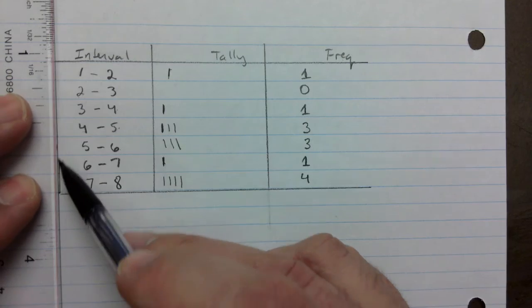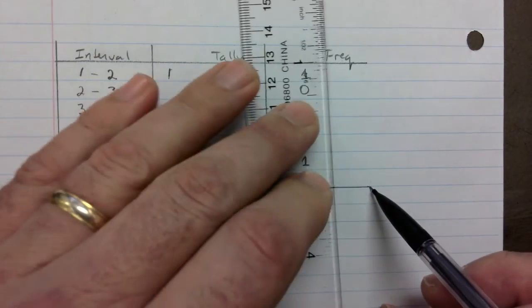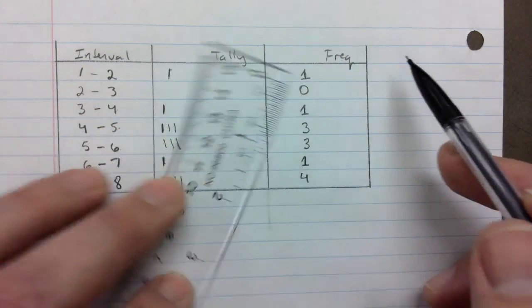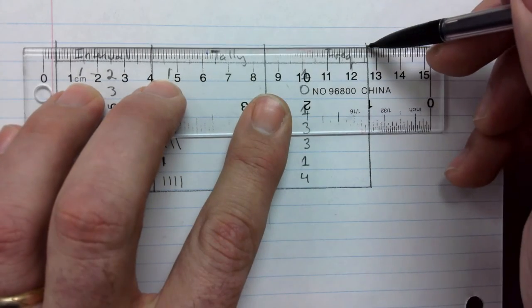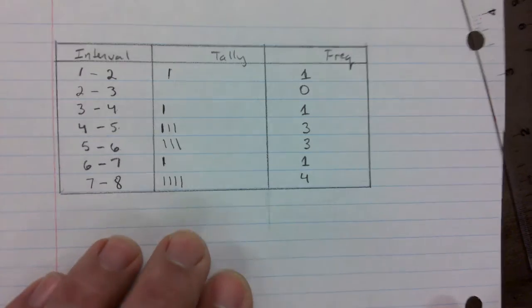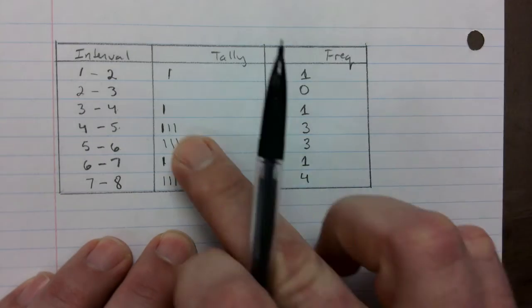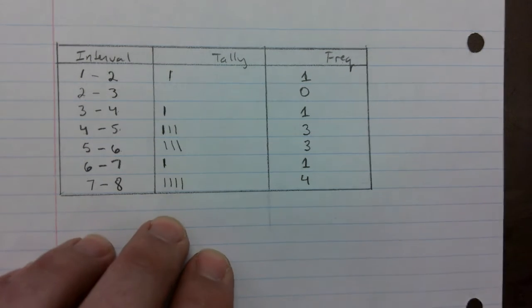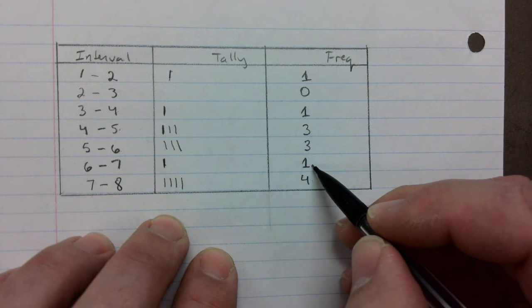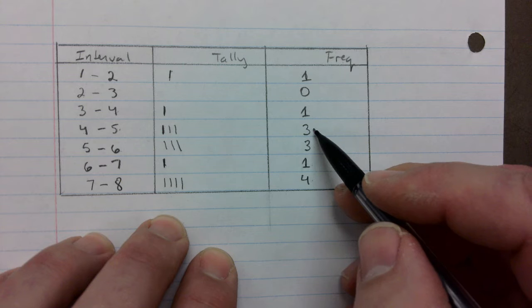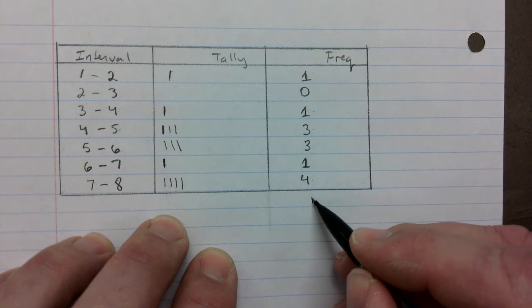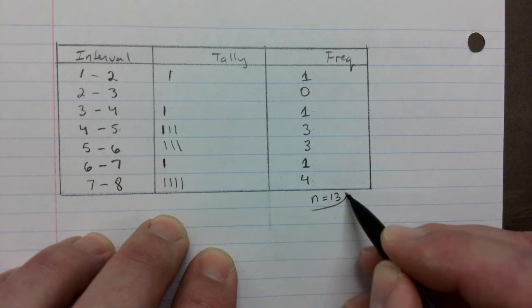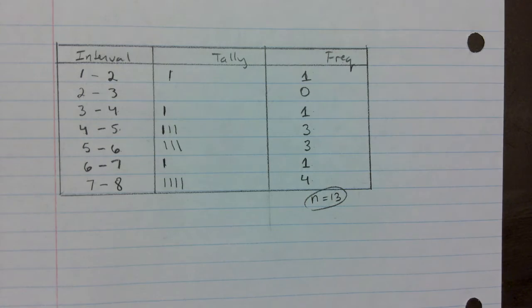We should have 13 values. That's a good thing to check. Okay, so that's my frequency table right there. Obviously overkill here, but sometimes you will need a lot of space there. So I'm going to go 4 plus 1 is 5, 8, 11, 12, 13. So n is 13, right? 13 values that have been used altogether.